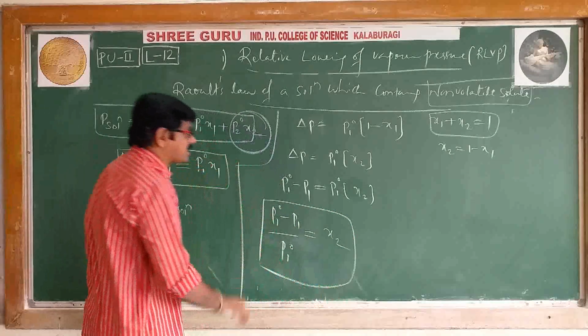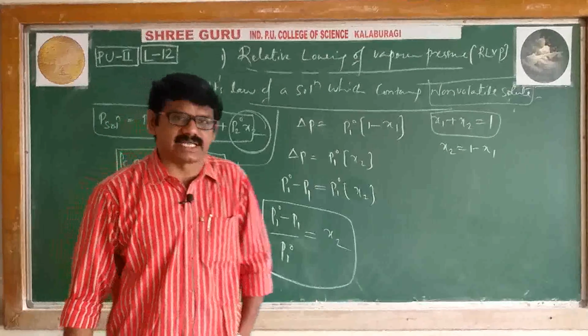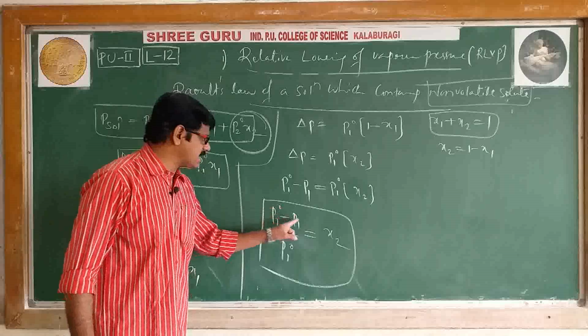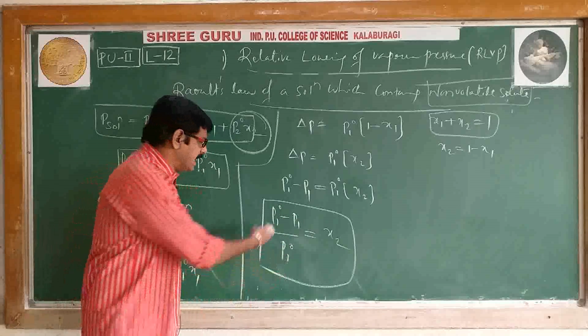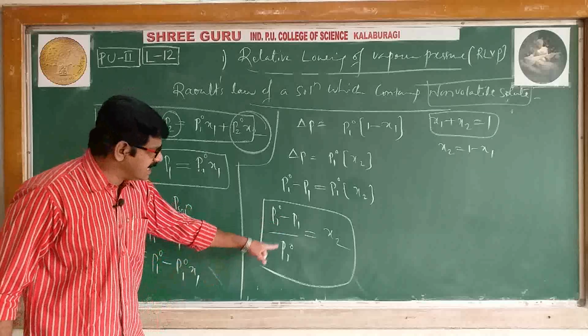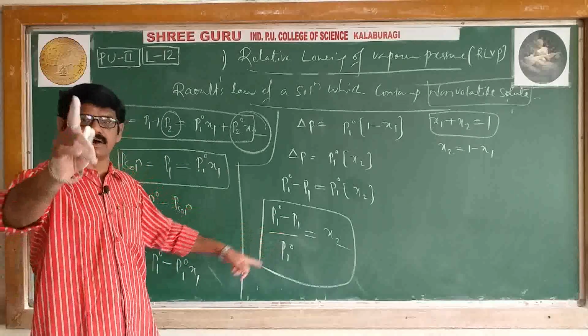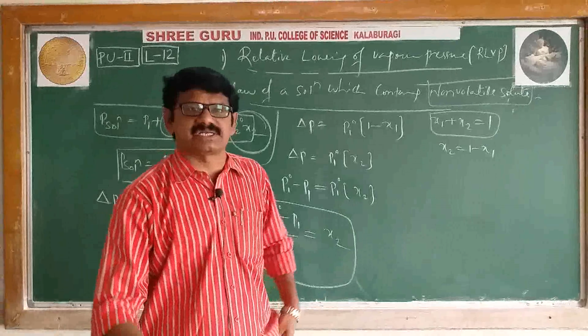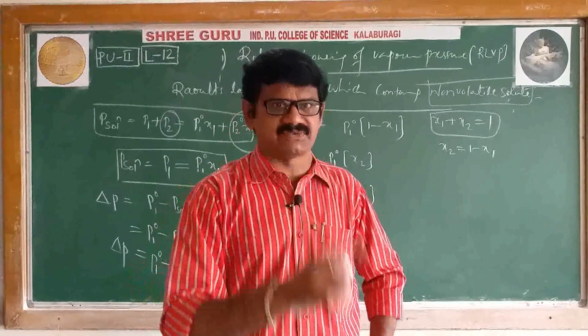This is only Raoult's law for a solution which contains a non-volatile solute. See here, P1 naught minus P1 by P1 naught is nothing but the relative lowering of vapor pressure, one of the colligative properties, is equals to the mole fraction of solute.